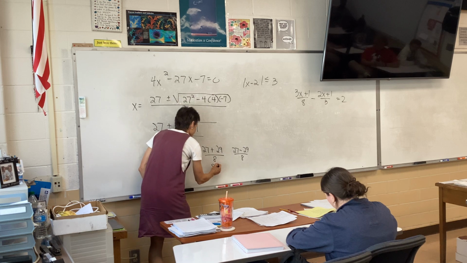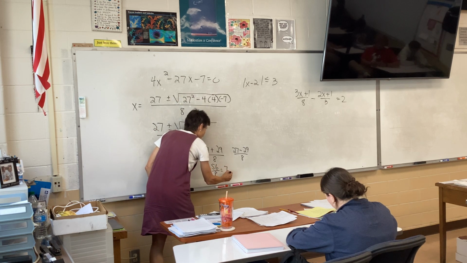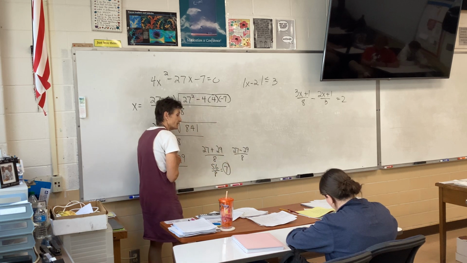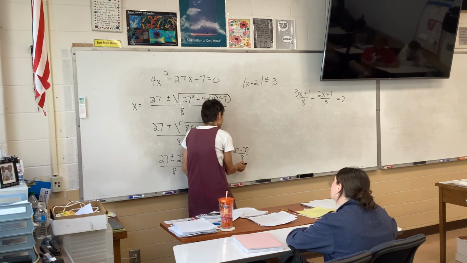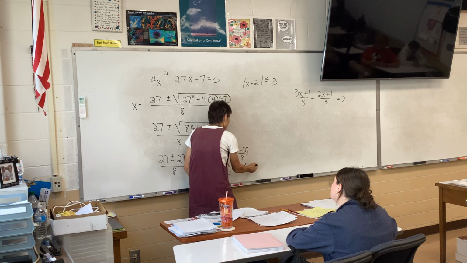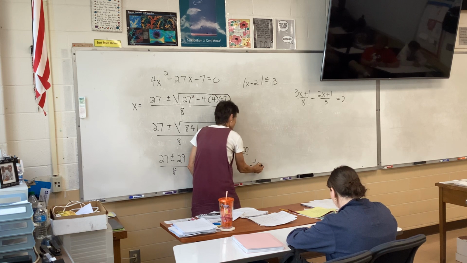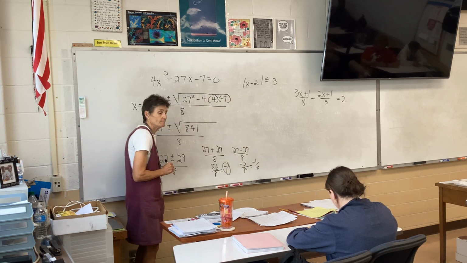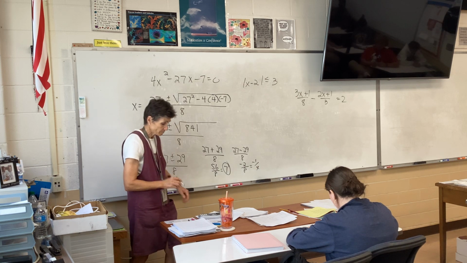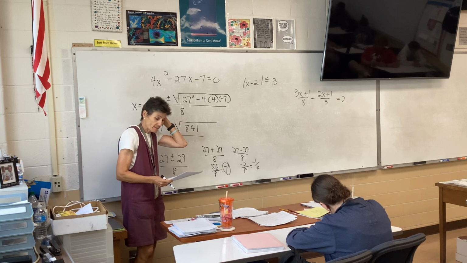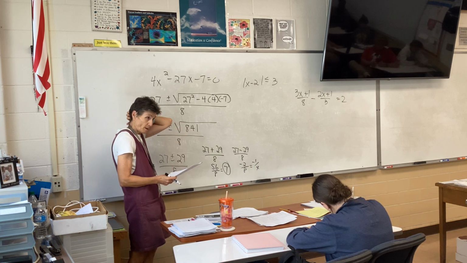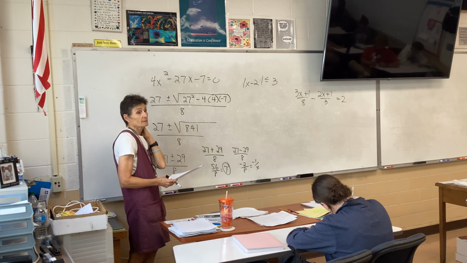Divided by 8 is 7, so one of my answers is 7. 27 minus 29 is negative 2, so my other answer is negative 1. And that's what goes in the answer blank, those two numbers. Got it?